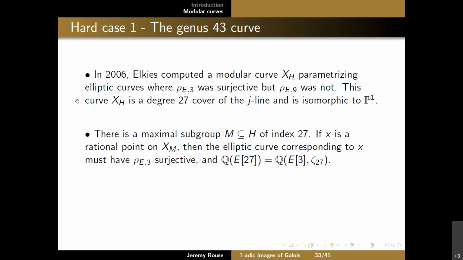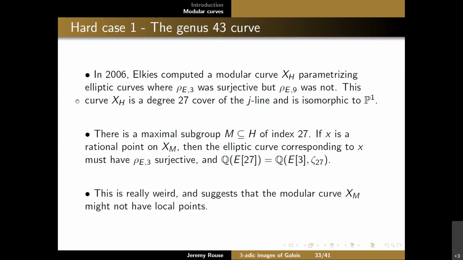If we were to have an elliptic curve that corresponded to a rational point on this modular curve X sub M, then the mod 3 representation associated to this curve would be surjective, but the 27 torsion field of this elliptic curve would be the 3 torsion field adjoined zeta 27, which is basically as small as the 27 torsion field could possibly be, given the restrictions. This seems pretty unlikely. And this is maybe a suggestion that this modular curve X sub M might not have 3-adic points.